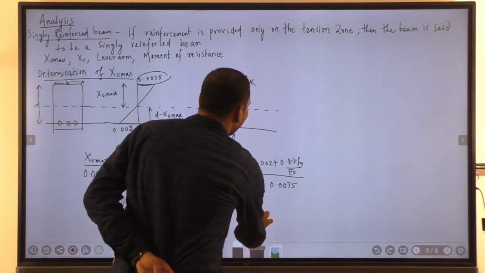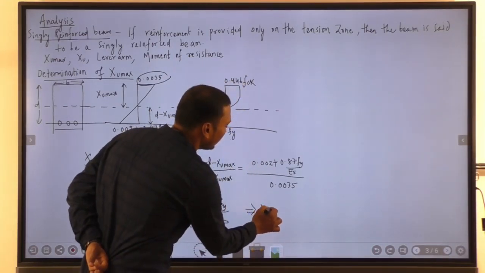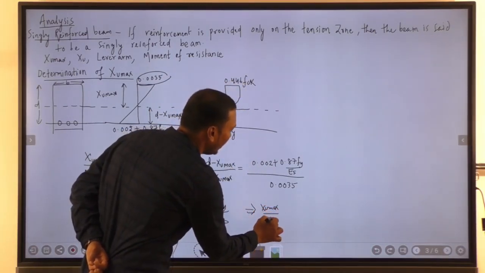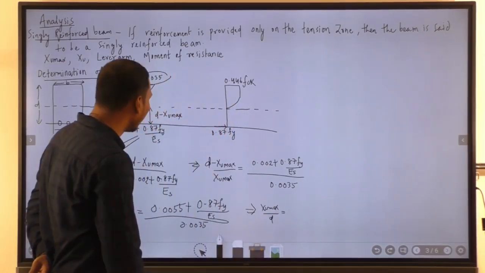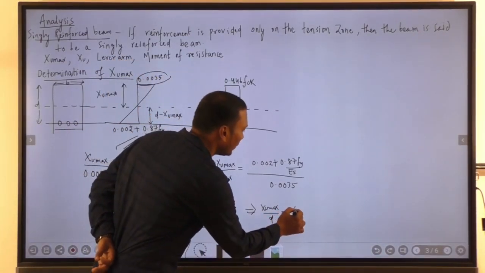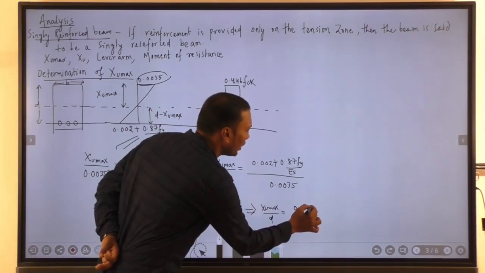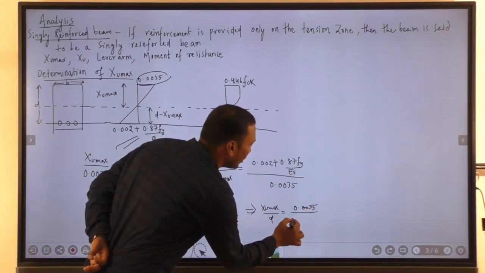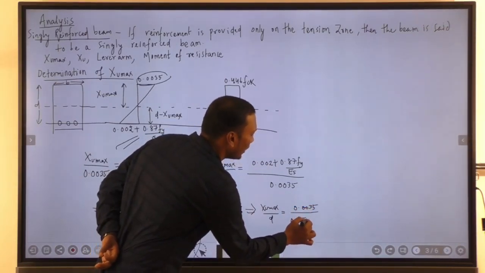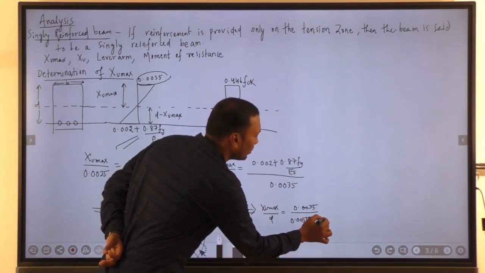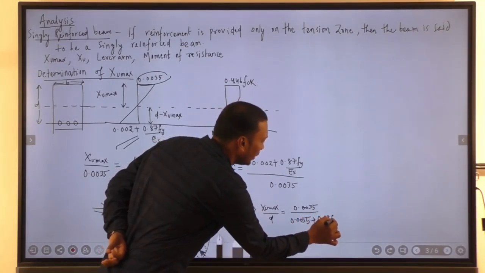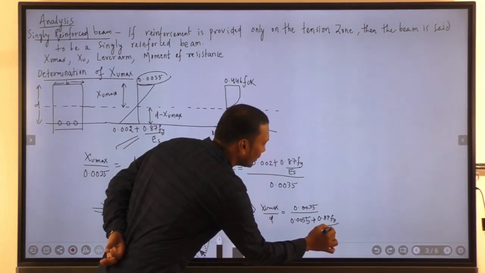It implies that, just taking the reciprocal, Xu max by d is equal to 0.0035 by 0.0055 plus 0.87 fy by Es.